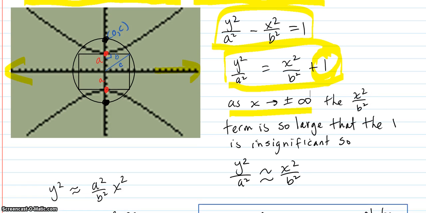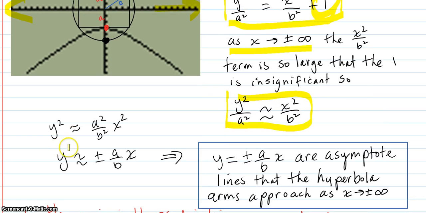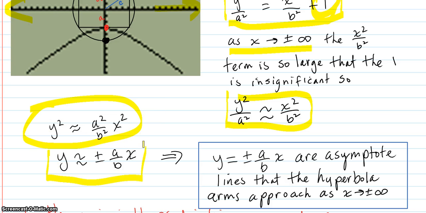So the y squared over a squared is essentially approximately equal to x squared over b squared without the 1, since the numbers are so large. So if we just multiply both sides by a squared, we're going to get this in the approximation. Take the square root of both sides, and you're going to get y is plus or minus a over b x.